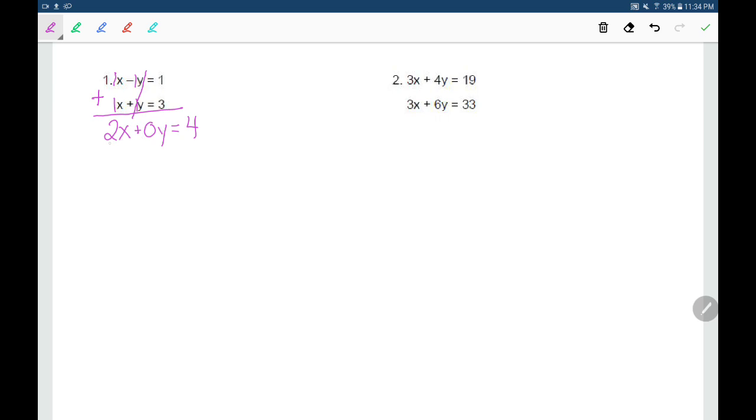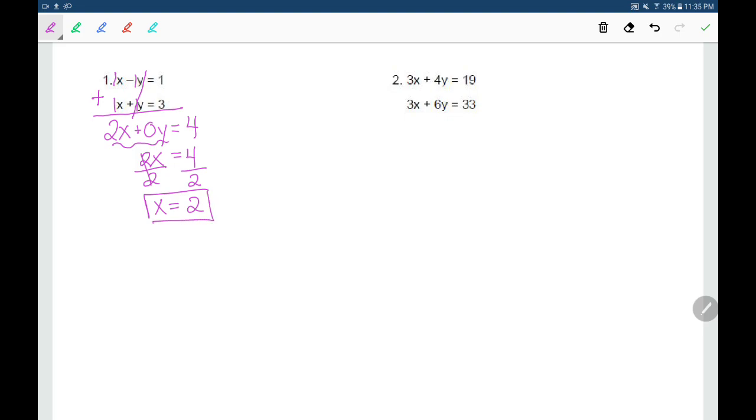So this whole thing is really saying 2x. So 2x is equal to 4. Well, I can very easily figure out what x is right now by just dividing both sides by 2. 4 divided by 2 is going to leave me with 2.